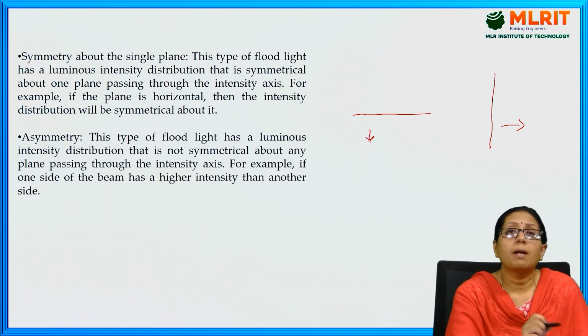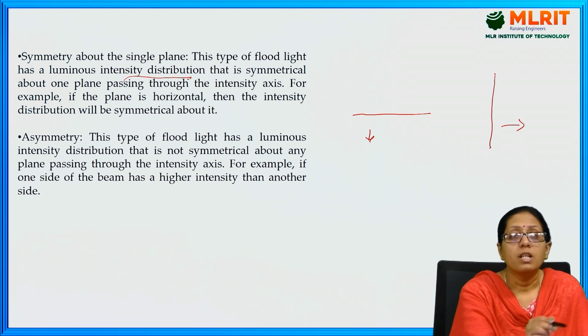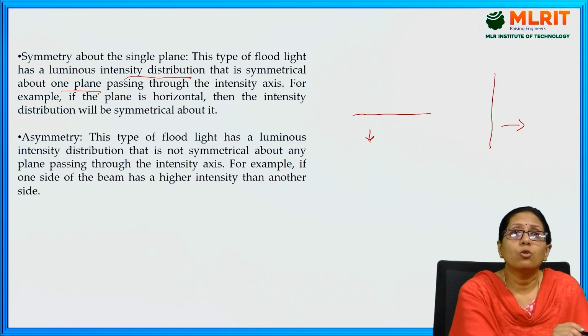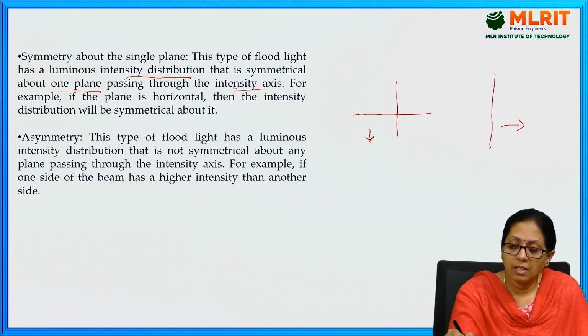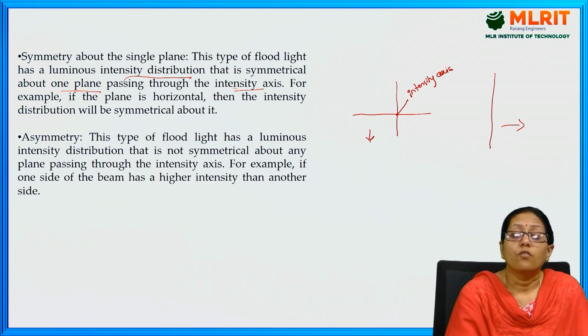So this type of floodlight has a luminous intensity distribution that is symmetrical about one plane passing through the intensity axis. This is nothing but the intensity axis. For example, if the plane is horizontal, then the intensity distribution will be symmetrical about it.